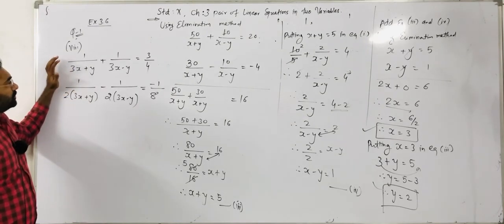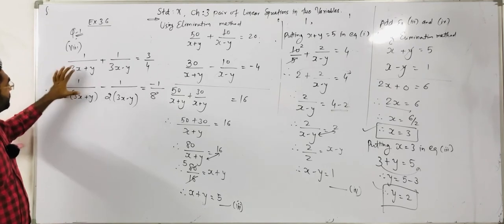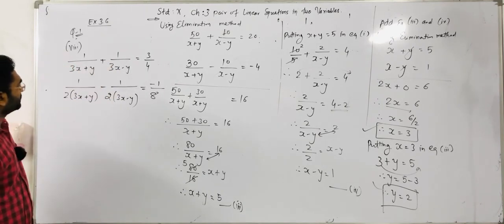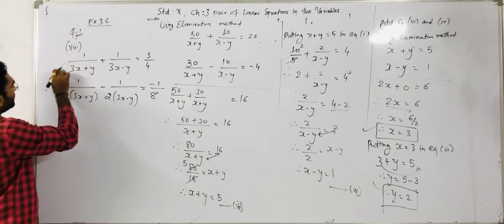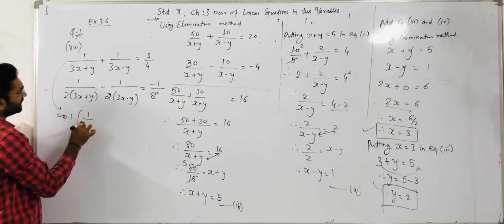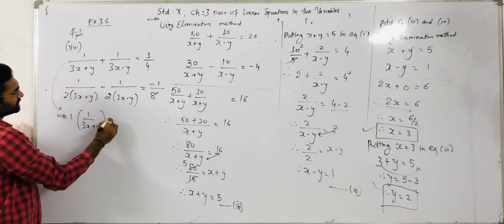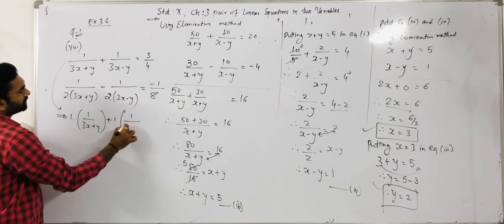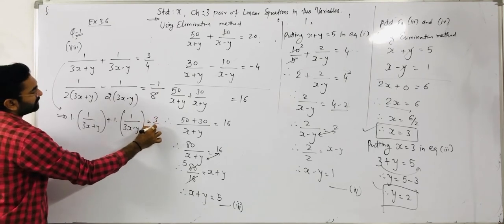As I told you, apply the elimination method. It is very easy. Observe both equations: 3x plus y, 3x plus y, 3x minus y. What is the meaning of that? We can rewrite the first equation as 1 times 1 upon 3x plus y, because 1 times anything is itself, plus 1 times 1 upon 3x minus y is equal to 3 by 4.